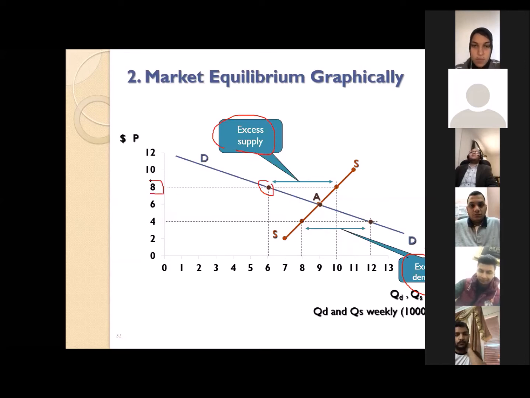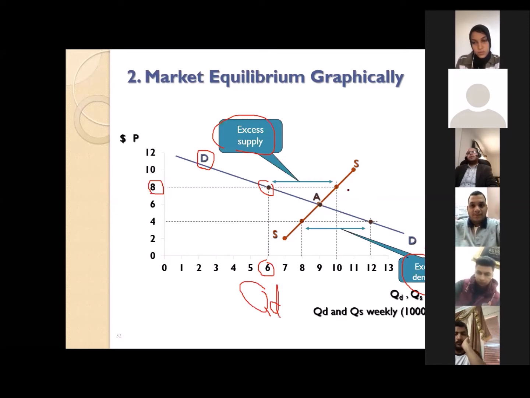No, I am not willing to buy at that price. So this is the quantity demanded. So again, how do I know this is the quantity demanded or quantity supplied? Simply from here. This is the demand curve. So in the demand curve, we reach the quantity demanded.